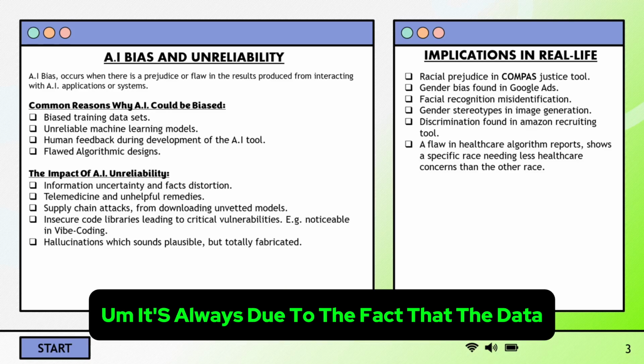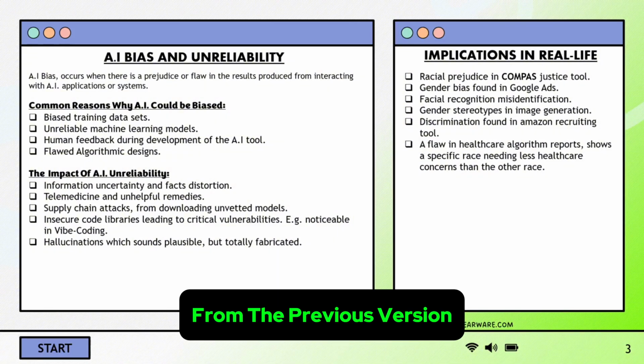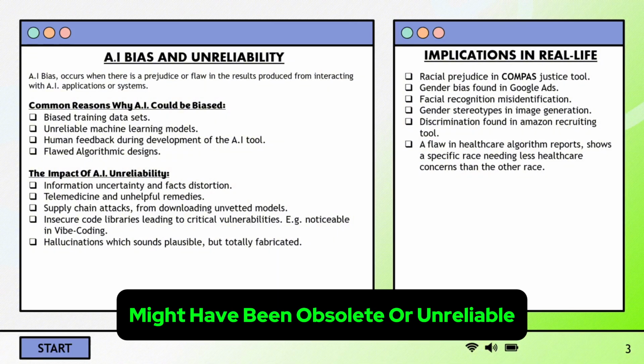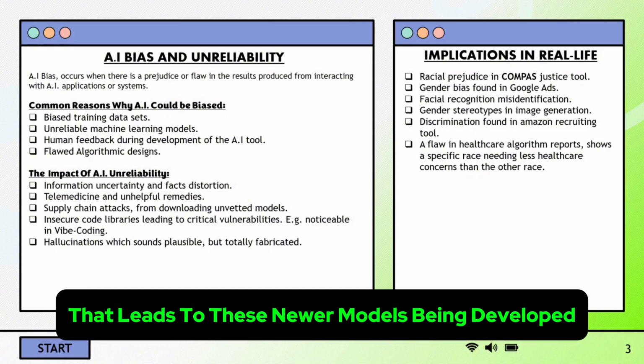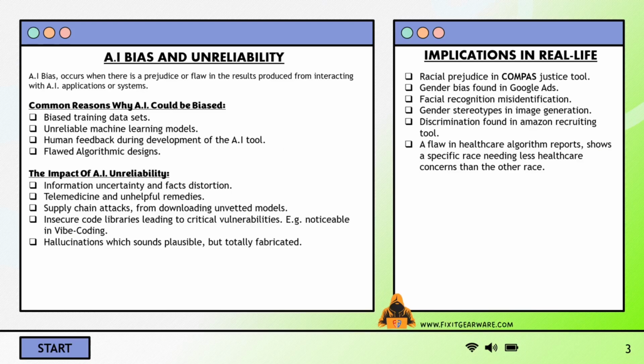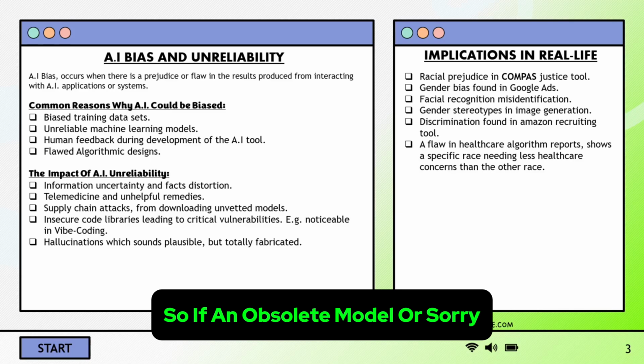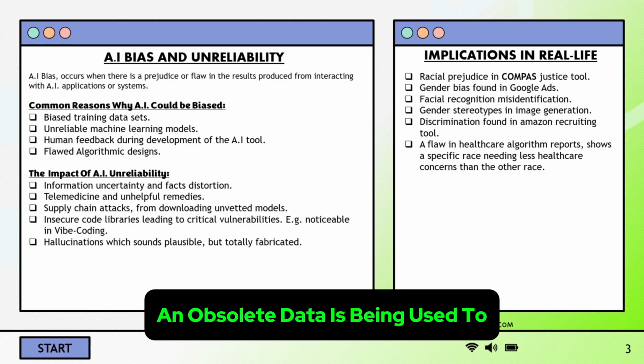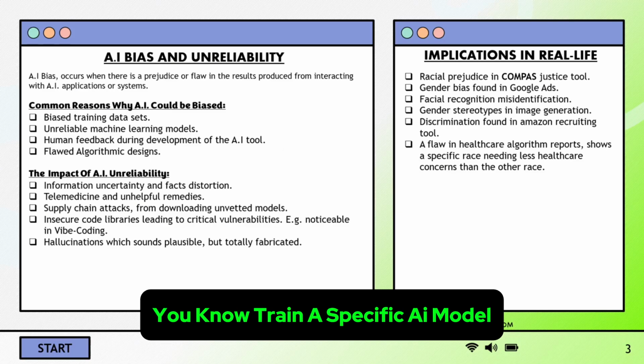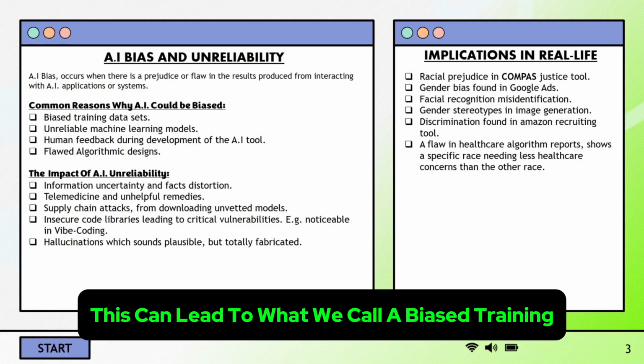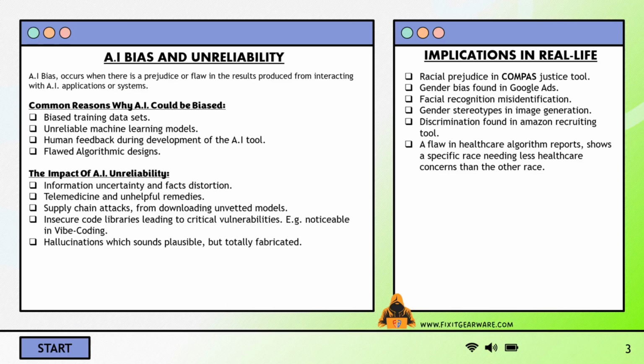It's always due to the fact that the data from the previous version might have been obsolete or unreliable that leads to these newer models being developed. So if obsolete data is being used to train a specific AI model, this can lead to what we call biased training data.